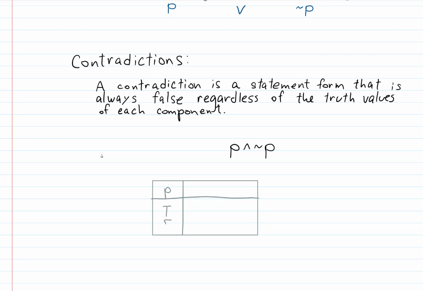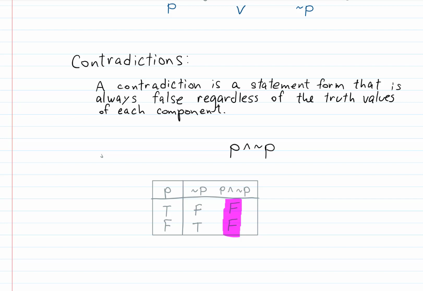Whether P is true or false, let's look at P and not P. So when P is true, the negation of P is false. When P is false, the negation of P is true. So the conjunction of those two things is never true because they are never both true. So you see here that this is always false.